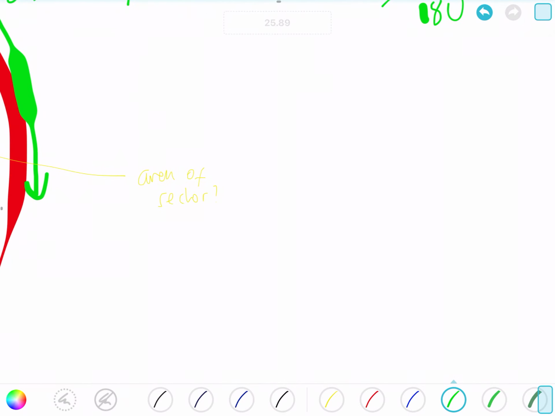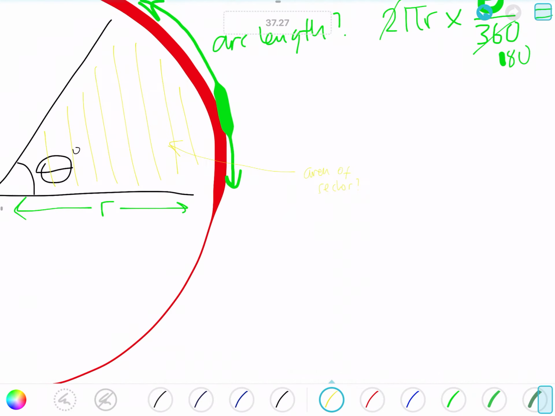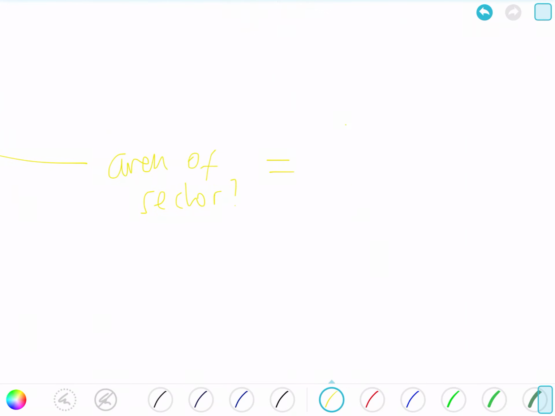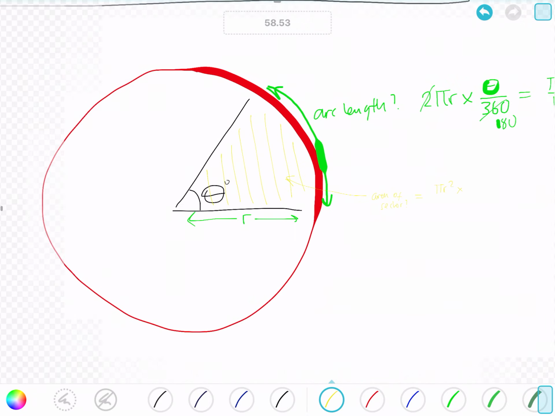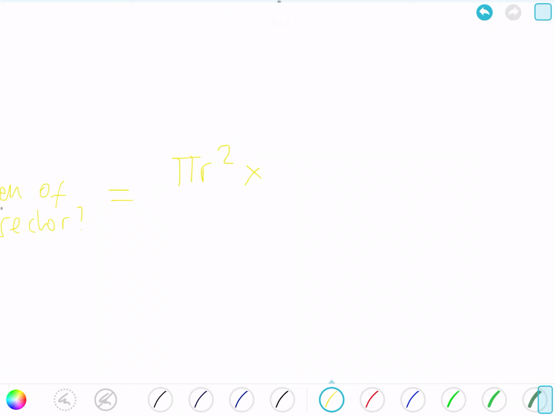And for the area of the sector, we do the same thing. We calculate the area of the whole circle, which, if you remember, is pi r squared. Then we multiply by the fraction of the circle that we have, which is again theta out of 360.